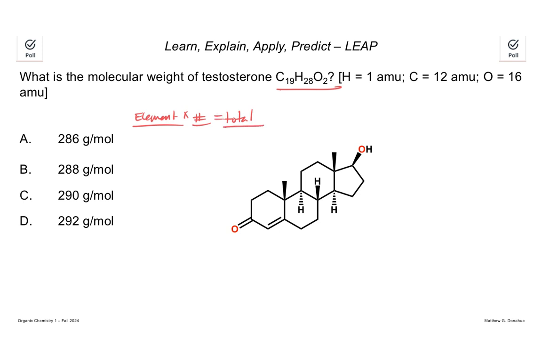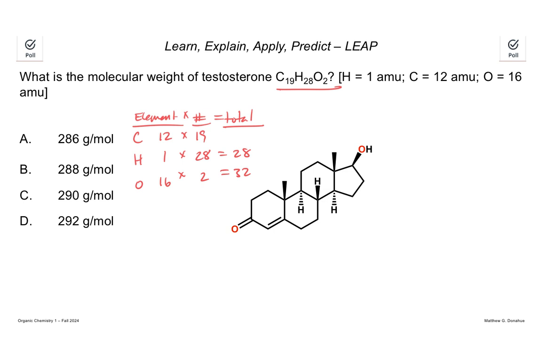So carbon, that's atomic mass 12. Hydrogen is 1, oxygen is 16, and then we just put in how many there are. We'll do the easy stuff first. 12 times 19.